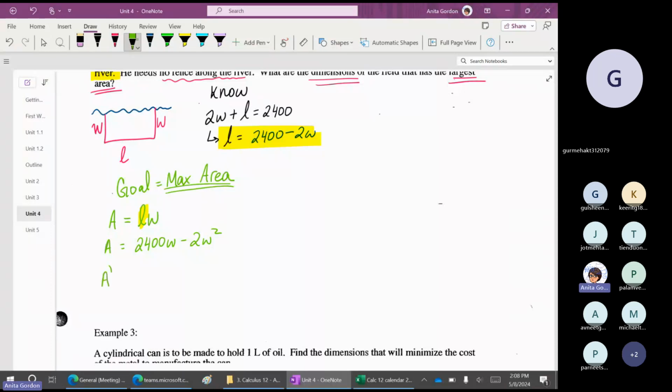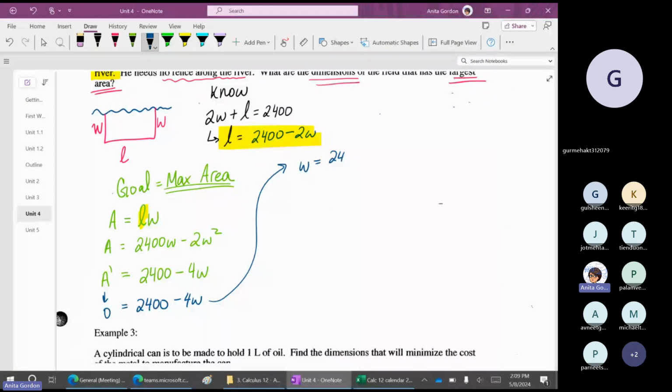So A prime is 2,400 minus 4W. To maximize or minimize, I set this to 0. So W is 2,400 over 4, which is 600.